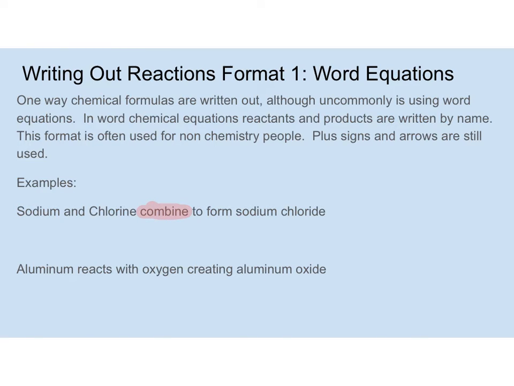We're going to take sodium and chlorine and we're combining them. So those are essentially our reactants. So if we're going to write out this reaction, we're going to start by stating sodium plus chlorine. Okay? I apologize. I know that my penmanship is not the best.